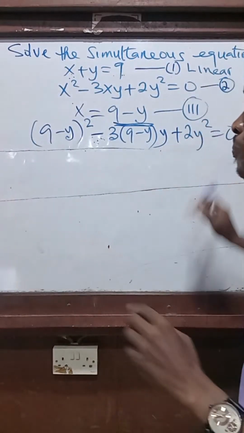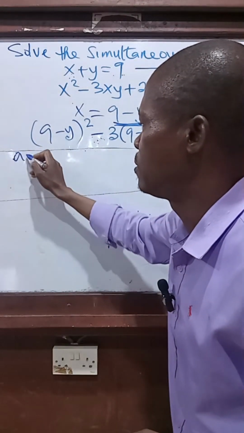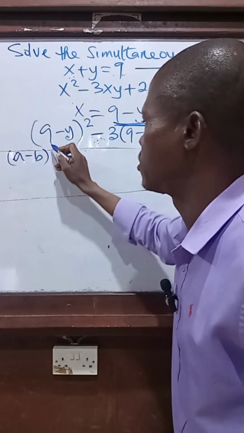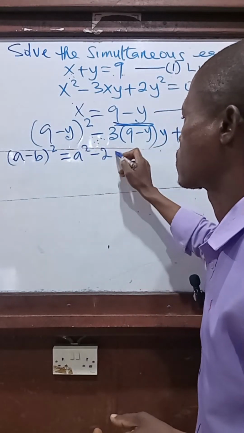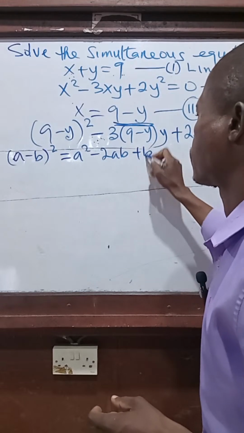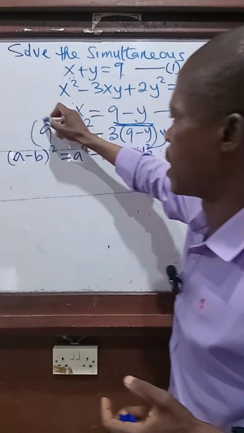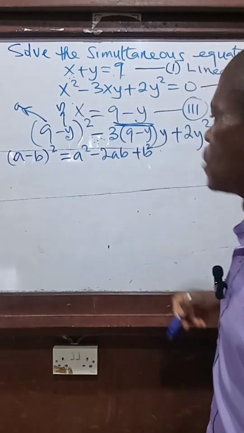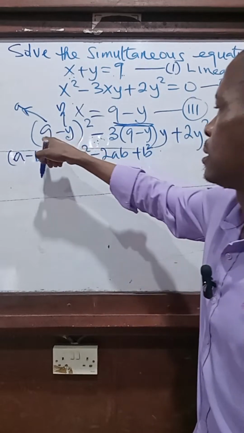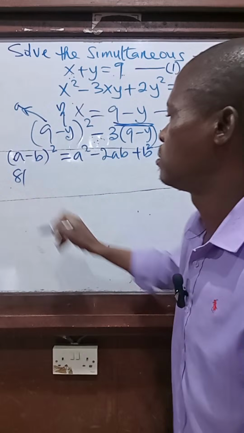What we do is to use this identity: note that (a plus b) squared gives you this. And I'm going to apply that. This will be my a, this will be my b. So apply that. This is a, that's 9 squared, that's 81.